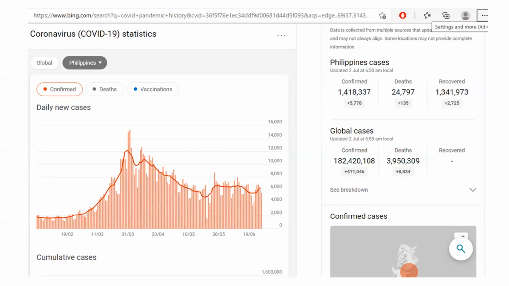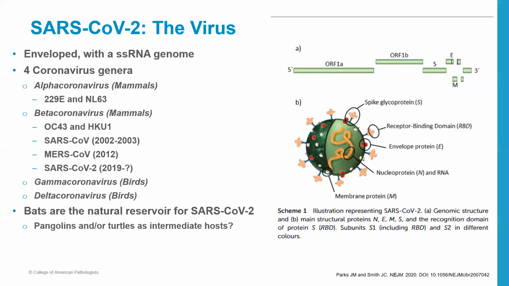So this is now under the new normal. And of course, we have to know what is the cause of this pandemic. As we know, this is caused by the SARS-CoV-2 virus, an RNA virus with a genome of around 28,000 bases. It's enveloped, and it belongs to the coronavirus genera.